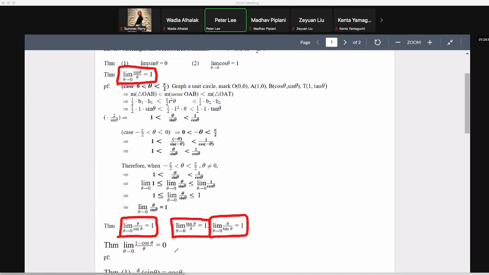Okay? So now let me prove, let's say this one. Would you know how to prove this one? So let's look at the proof of that one. Let me prove that.